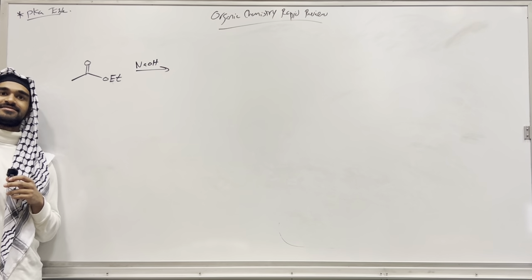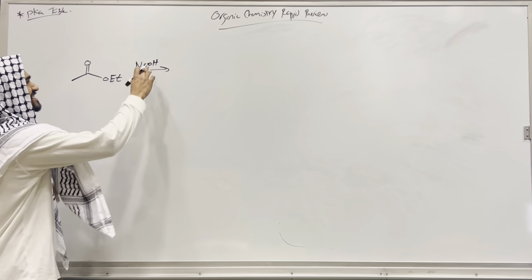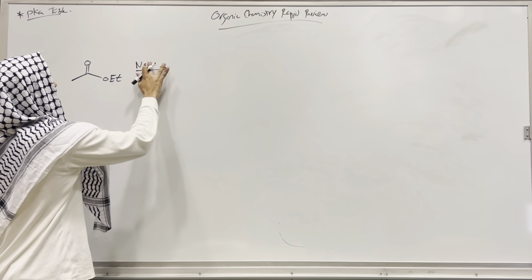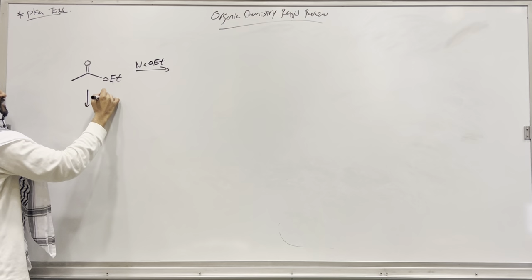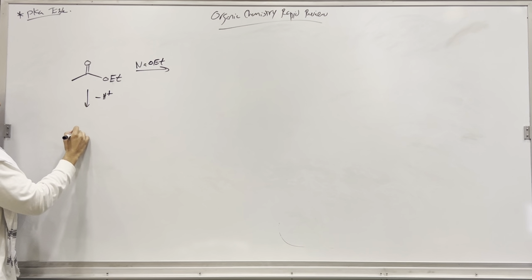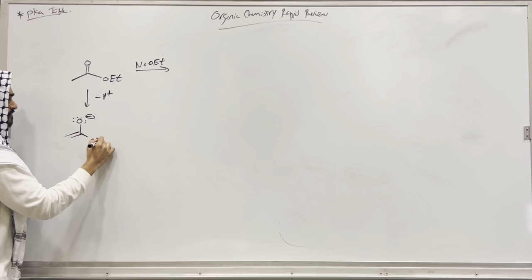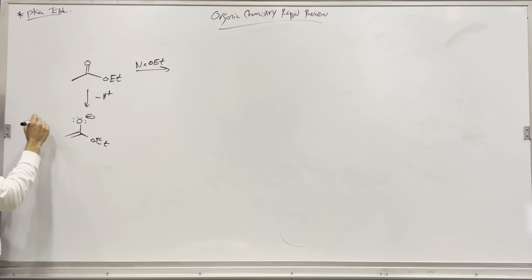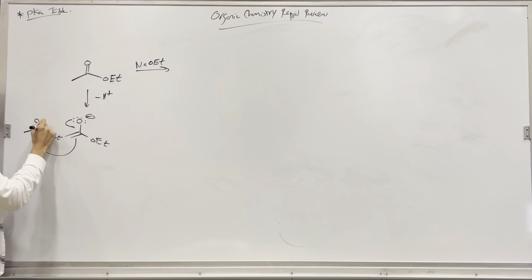Is that correct? No, it's not, because this will just substitute and make a carboxylic acid and deprotonate. So we have to use NaOEt, and that's going to deprotonate without substituting. And that's going to give us this. And we can add this onto this.